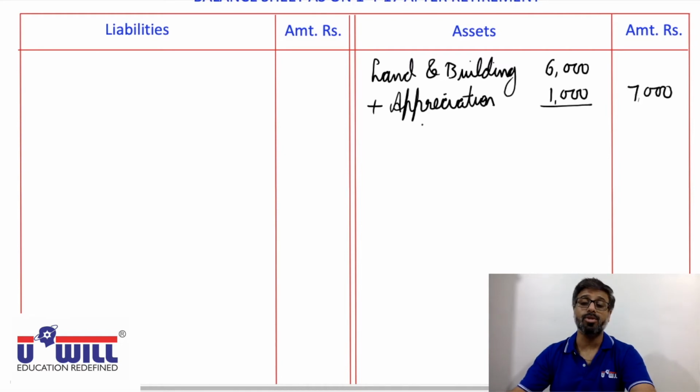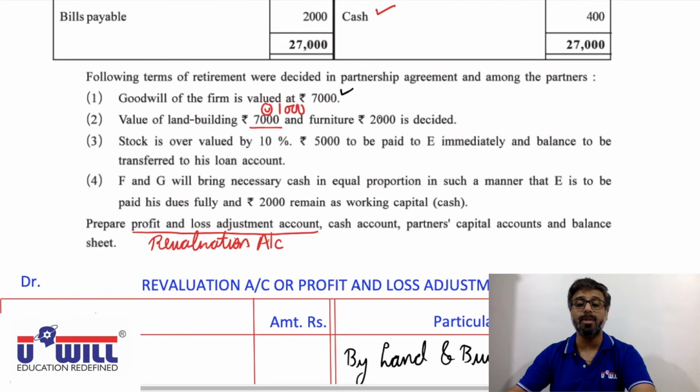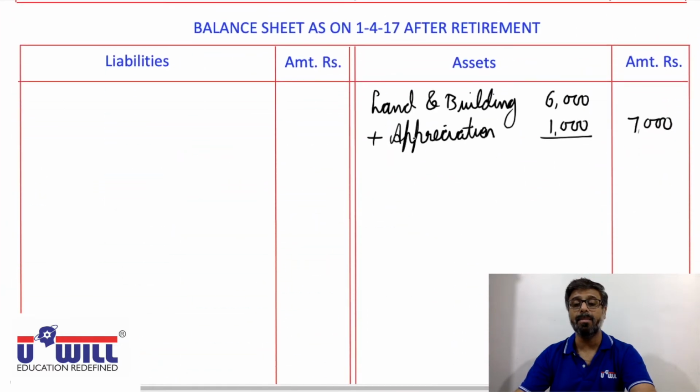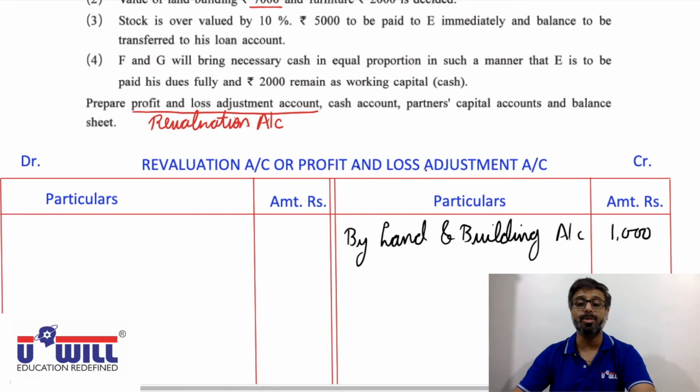Otherwise also the value of land and building has increased from 6000 to 7000. Increase means we will add in land and building. And profit, we are happy, so we will credit in revaluation account.